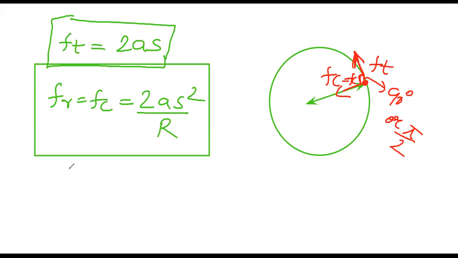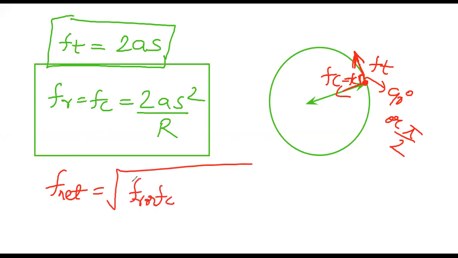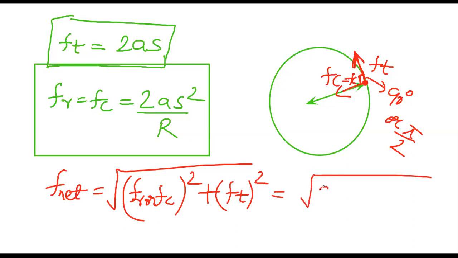So the net force will be equal to the root of F radial, or you can say Fc, whole square plus F tangential whole square, which is the root of (2as) whole square plus (2as square upon r) whole square.